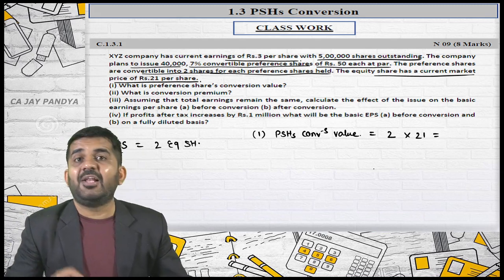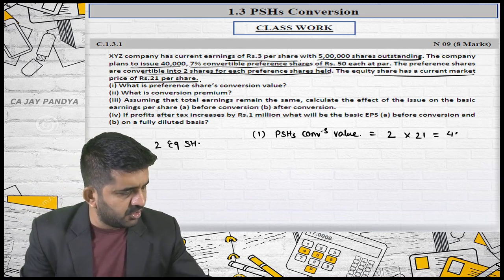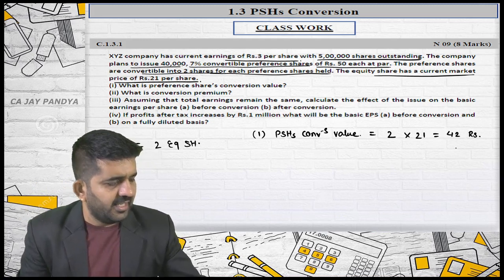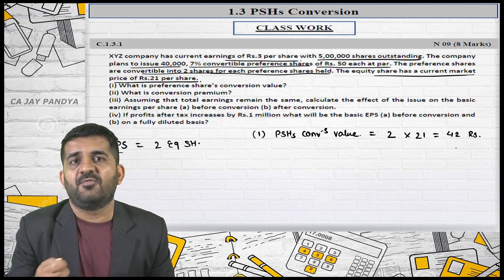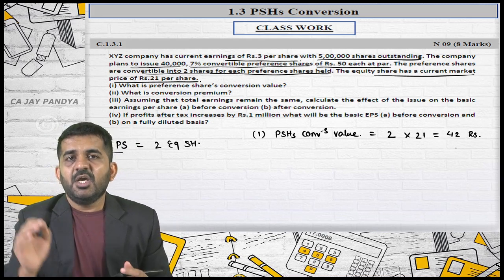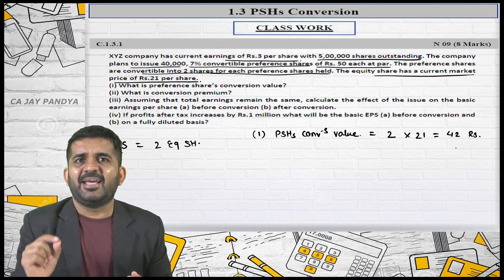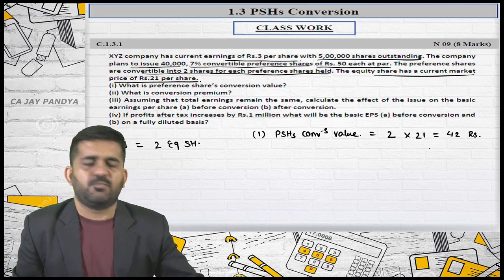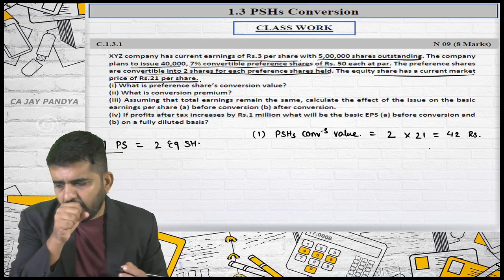So the value of two equity shares, which is equal to one preference share, is 42 rupees, and this is nothing but the conversion value of preference shares. If you are converting your one preference share today, you will be getting equity shares worth rupees 42. It is as simple as this.